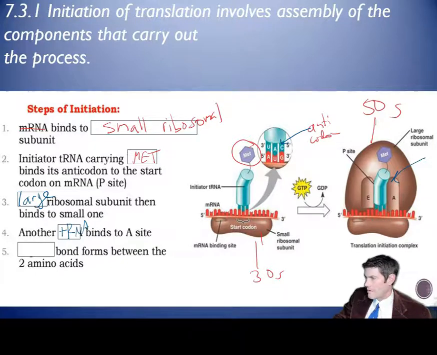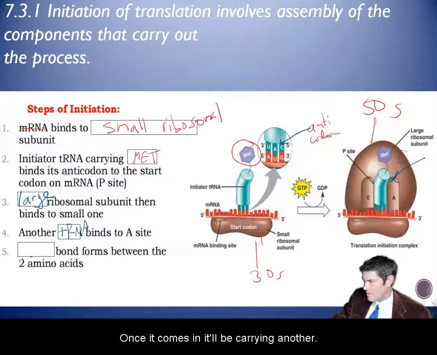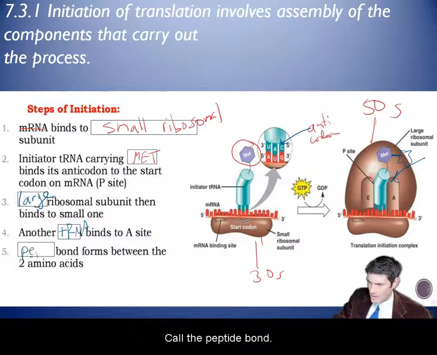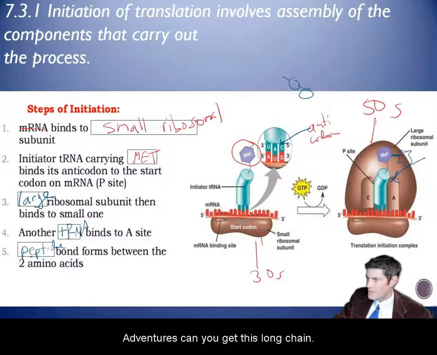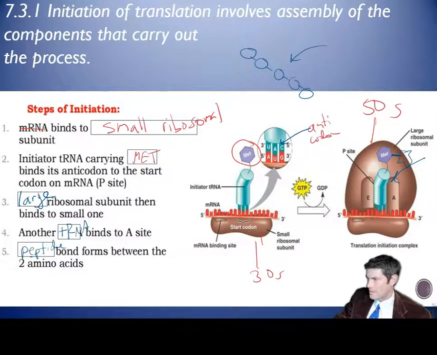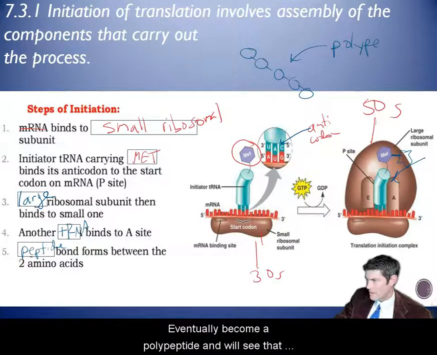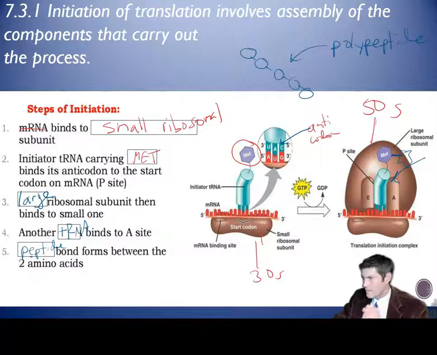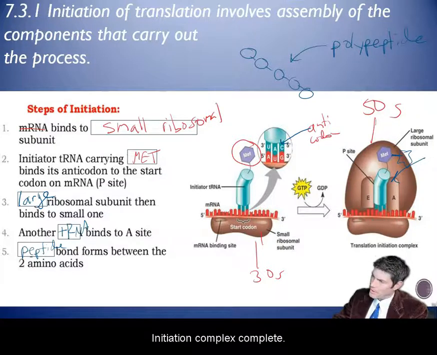And once it comes in, it'll be carrying another amino acid, and then a bond will form between these two amino acids. It's called a peptide bond. Eventually, you're just going to get this long chain of amino acids that are being built. They'll eventually become the polypeptide. We'll see that on the slide in just a moment. But first, we have that initiation complex completed.